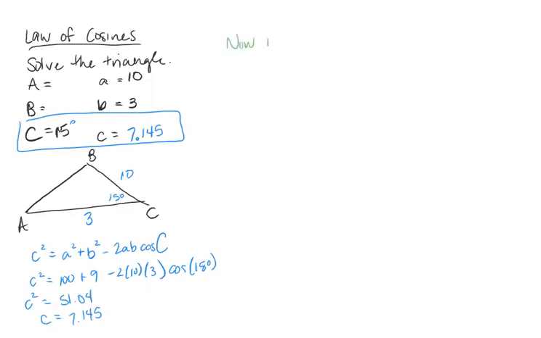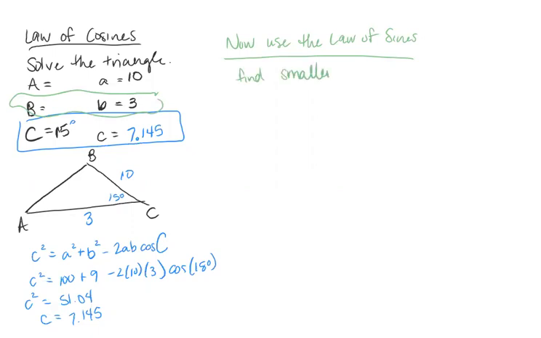So I will use the law of sines to find this smaller angle. And why would I use it to find the smaller one? That's because the law of sines will only return acute angles.